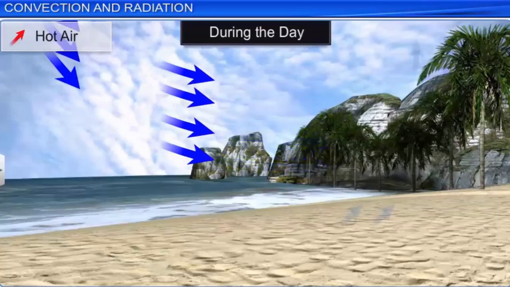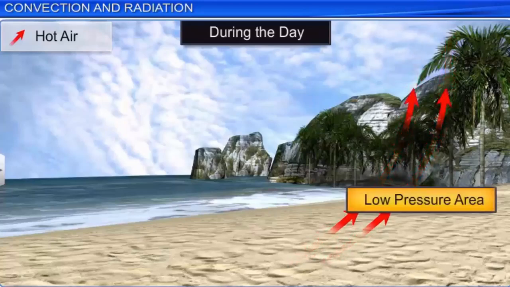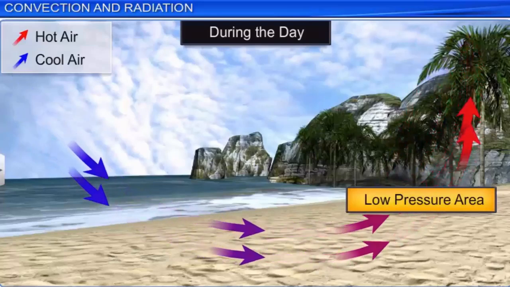As a result, the air above the land becomes hotter and moves up, creating a low pressure area. Now, the air above the seawater moves towards the land and forms the sea breeze.